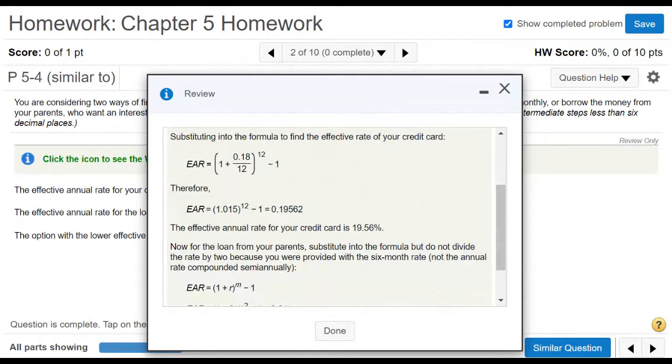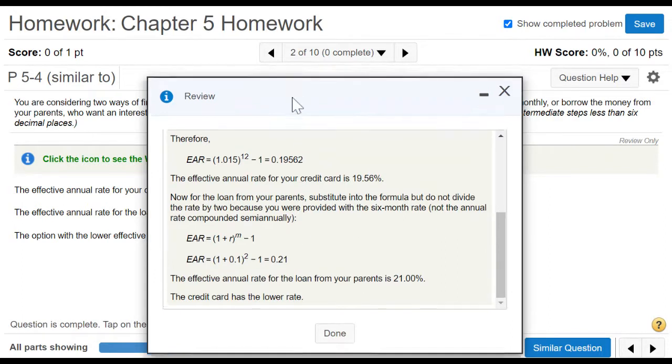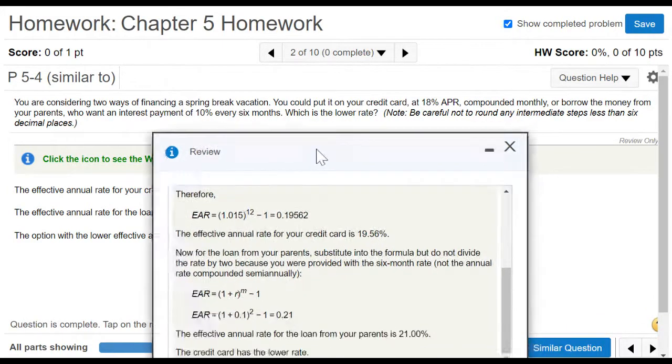On the second part, they're telling us the rate, so I substitute 2, because we're provided with the 6-month rate, not the annual rate compounded semi-annually. It's not compounded, it's every 6 months.